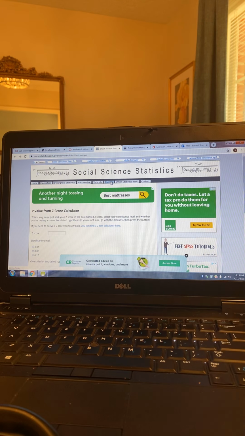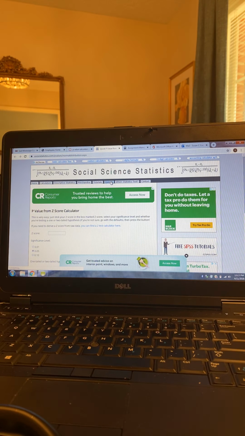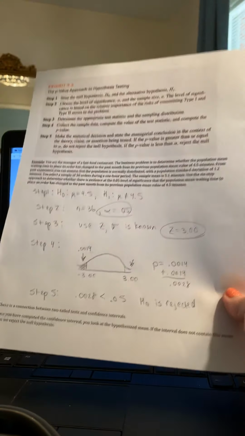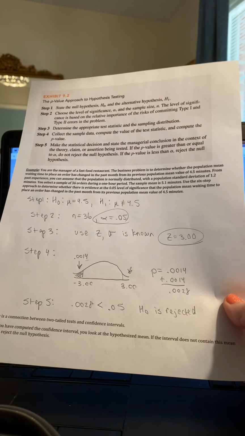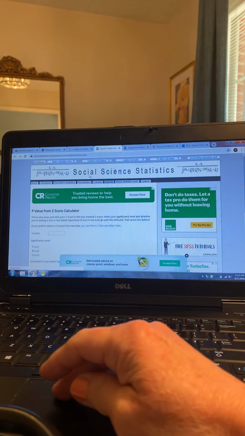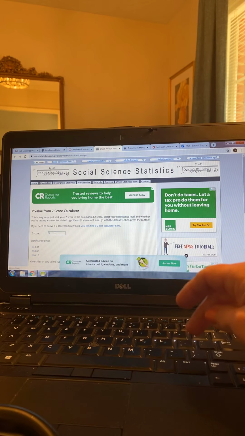Let me find something here in my notes from our previous examples. Okay. Here's one right here, okay? This was the one about the fast food restaurant, and we calculated z was 3. Remember, you put the thing you calculated in there from your formula.